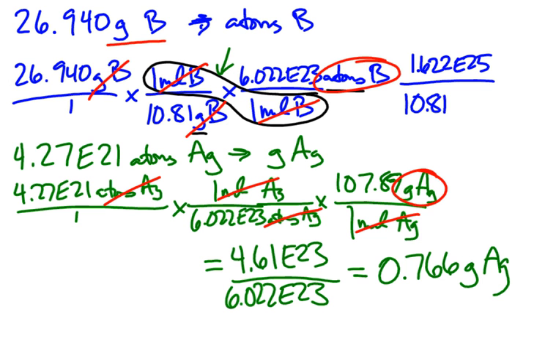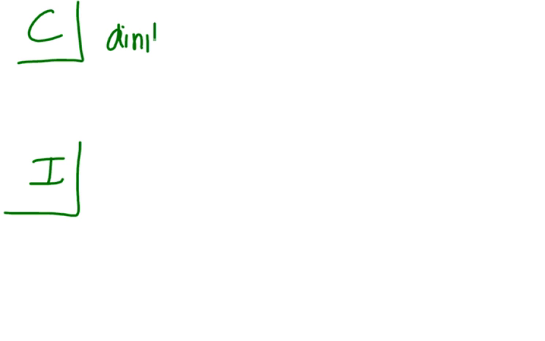All right? So, last little set of problems I want to do is involving finding the molar masses of a covalent compound and an ionic compound. So, let's pick a covalent compound and then an ionic compound. So, the covalent compound, let's go ahead and pick dinitrogen pentafluoride.